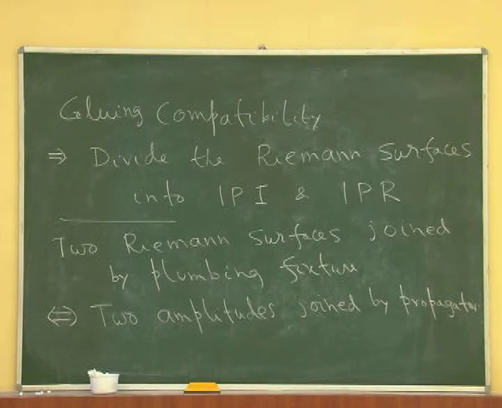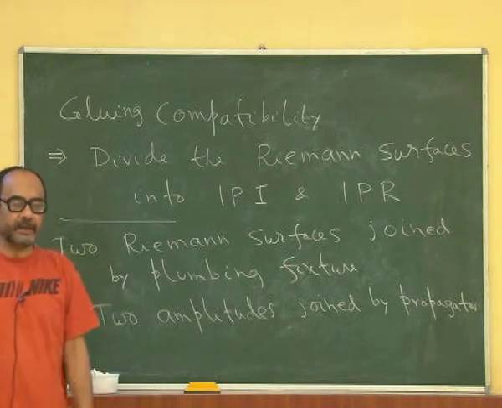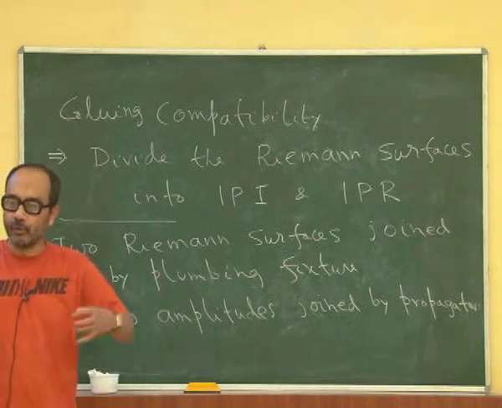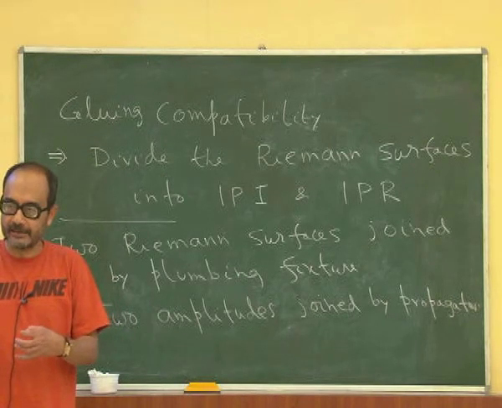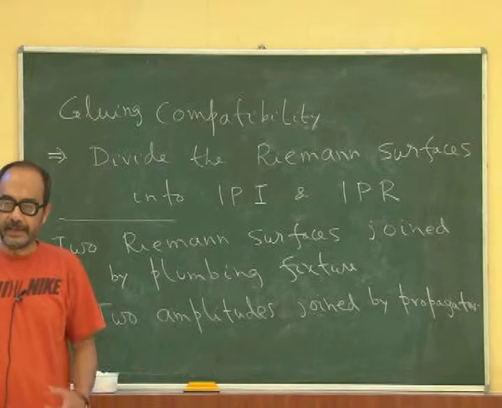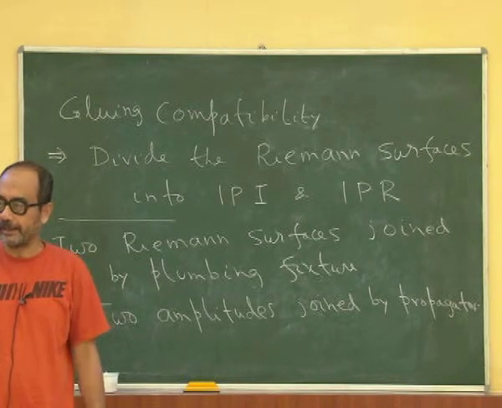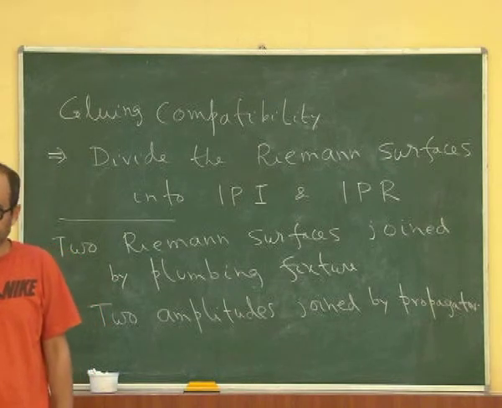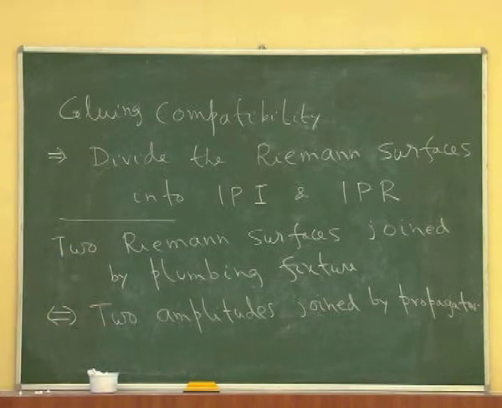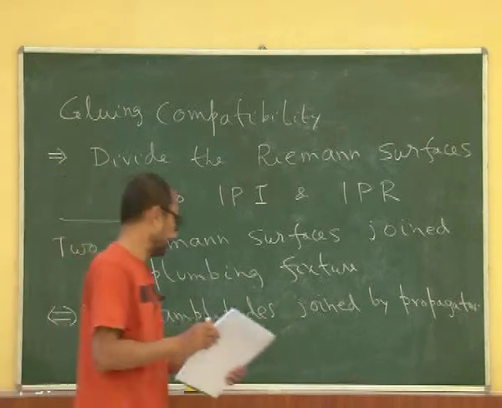Okay. So if you take this definition, then whenever we can get a Riemann surface by joining two other Riemann surfaces, which are 1PI perhaps or not even 1PI, then we will get a one particle reducible Riemann surface, otherwise we are going to get a one particle irreducible Riemann surface. But again, this is still a little vague, so I will illustrate this with an example, and then it will become clear.